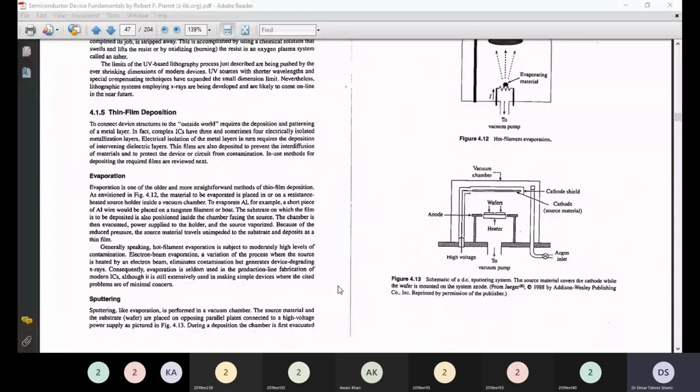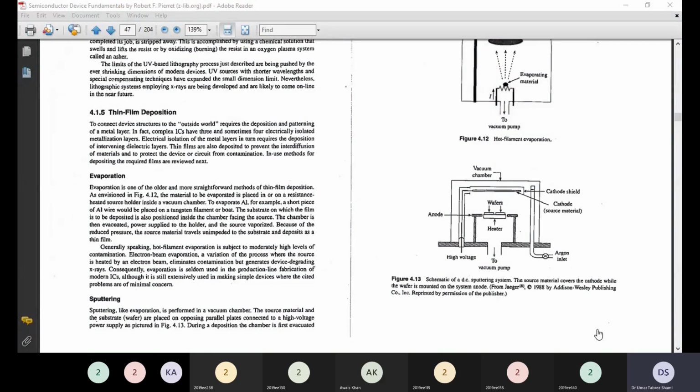In use, methods for depositing the required films are reviewed in the coming sections. And the first section is evaporation. Evaporation is one of the older and most straightforward methods of thin film deposition. As shown in figure 4.12, the material to be evaporated is placed in or on a resistor heated inside a vacuum chamber.